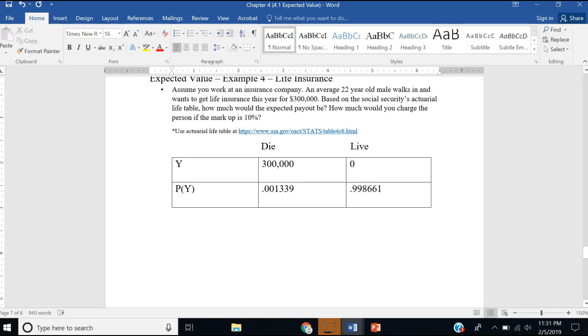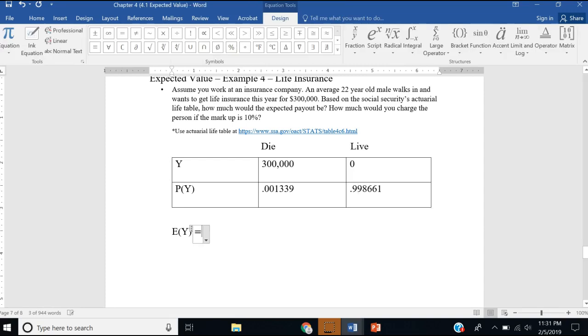And so now we can easily calculate the expected payout in the exact same way we've been doing this whole time. So $300,000 times 0.001339 plus $0 times 0.998661. All right.